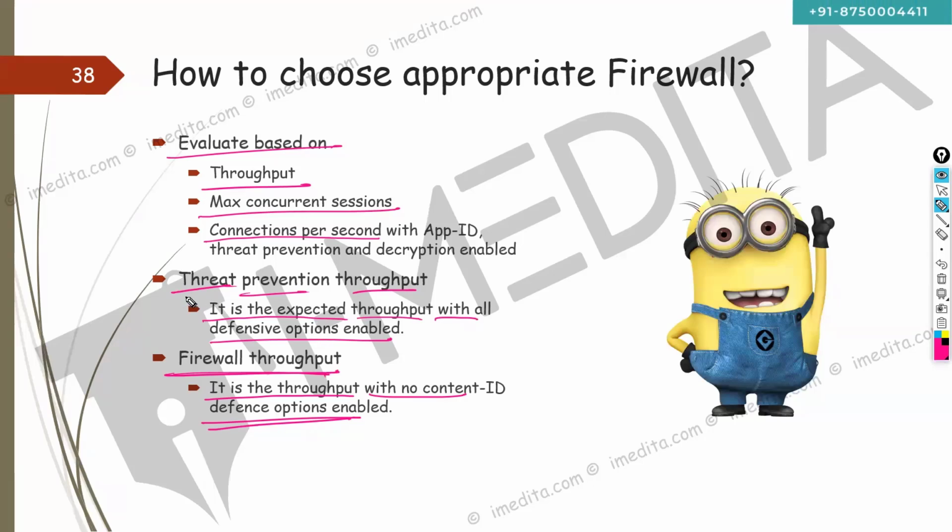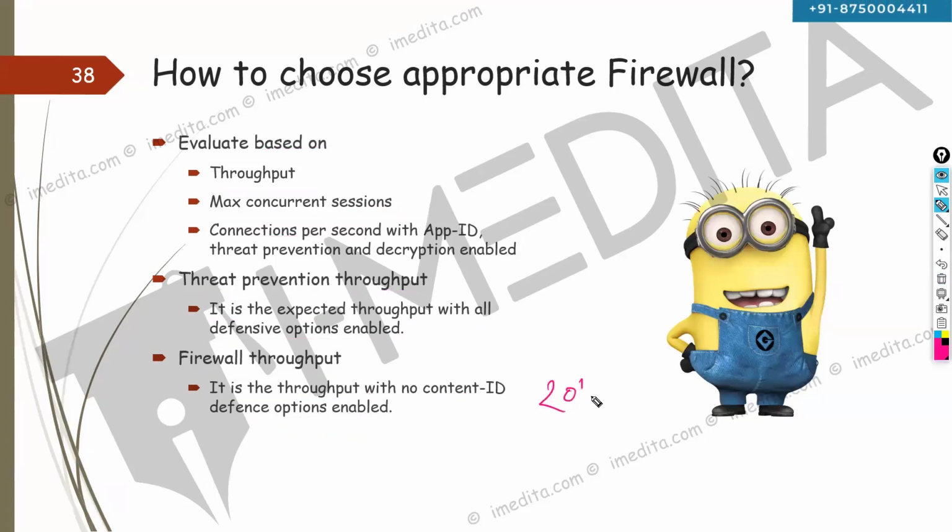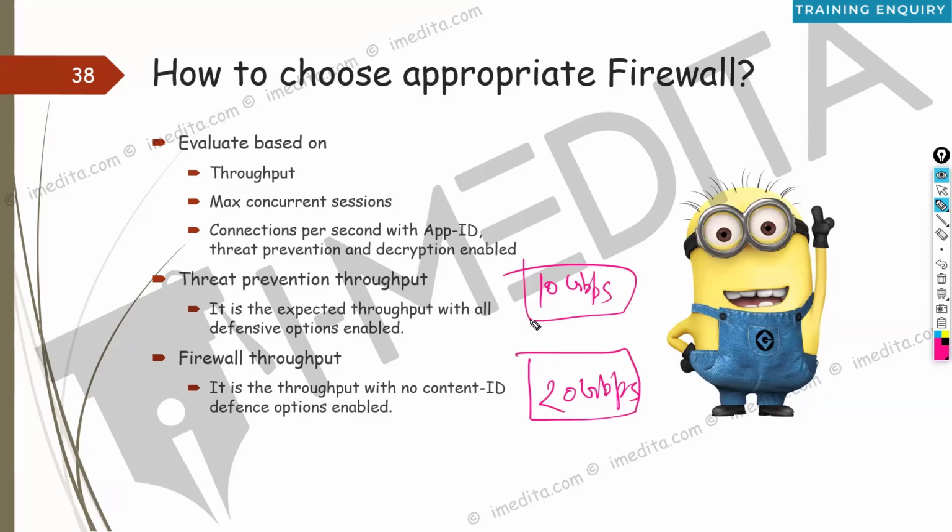When we enable everything, that is called threat prevention throughput. Got it? So firewall throughput you will achieve is about 20 Gbps, and threat prevention throughput about 10 Gbps. Clear?